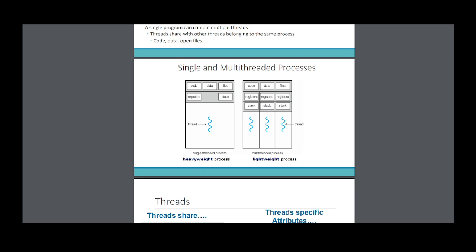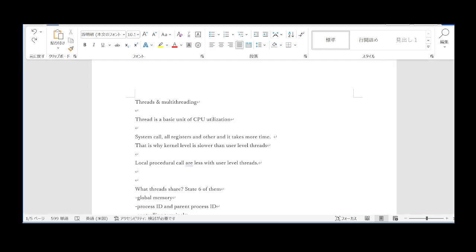So this is a heavyweight process, I believe, because this one thread requires code, data, files, register, and stack, like these five components. But for a lightweight process, it requires one resource, code, data, and files, and you can share that resource. So it makes the whole thing lighter. That's why it's a light process.